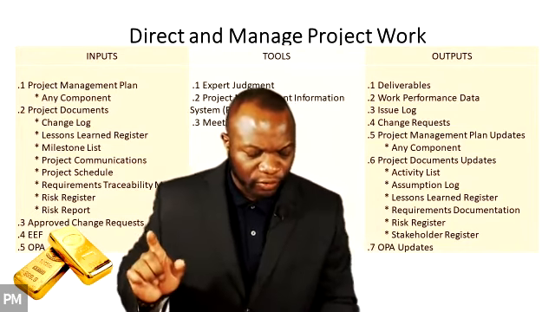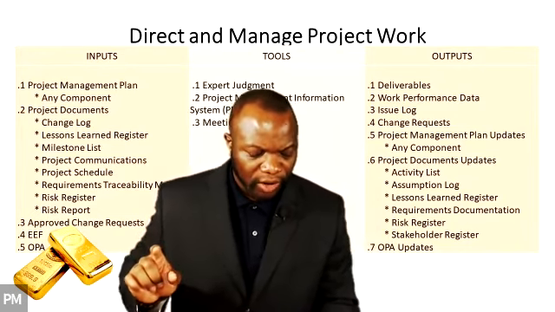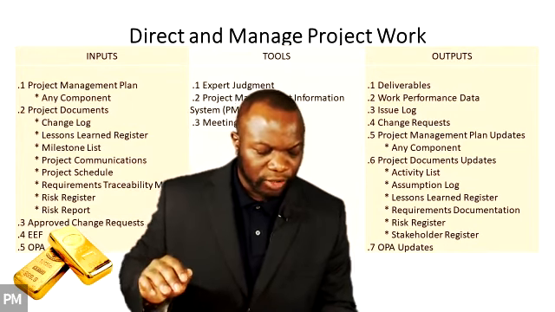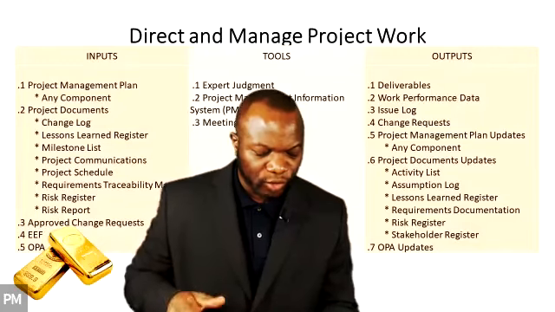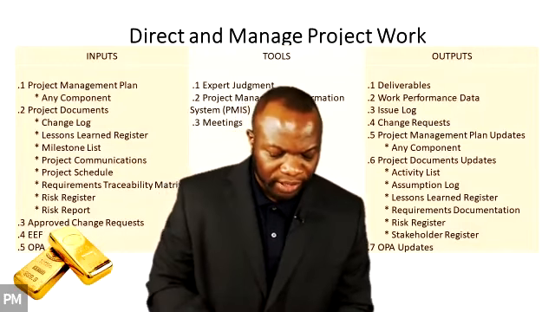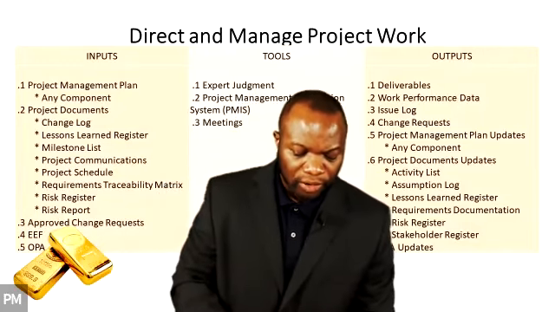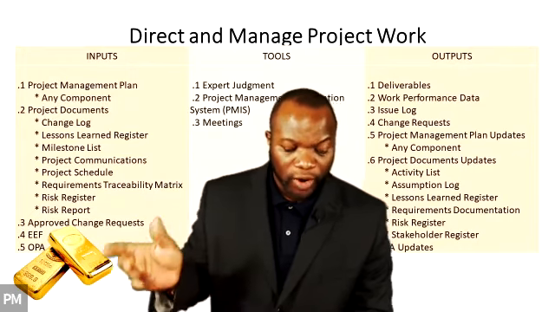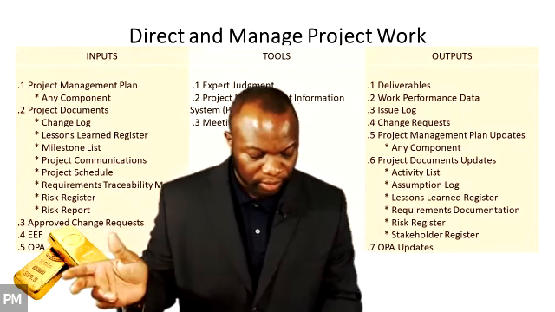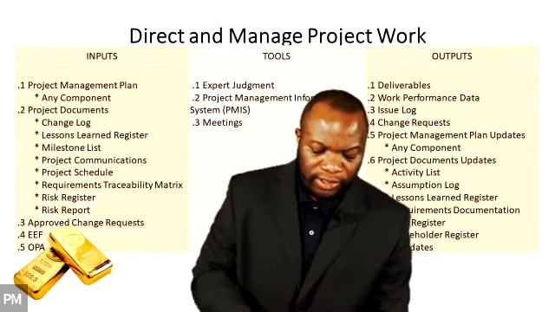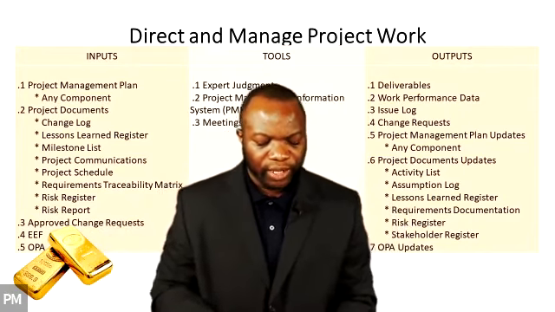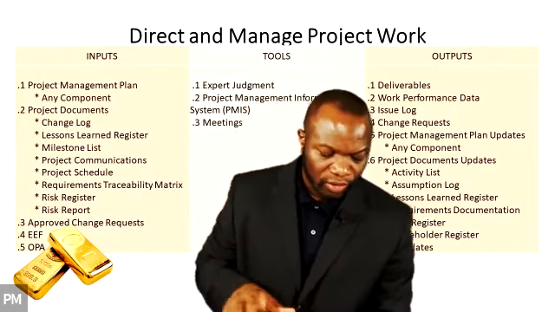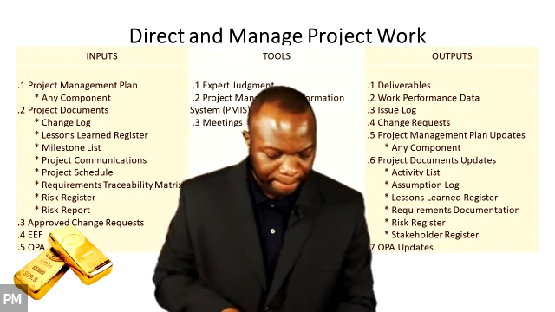It says approved change requests are an output of the perform integrated change control process and include those requests reviewed and approved for implementation by the project manager or by the Change Control Board, CCB, when applicable. See, it says the approved change request may be a corrective action, a preventive action, or a defect repair.